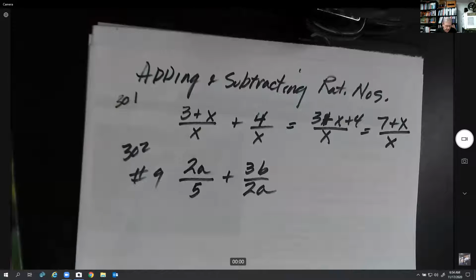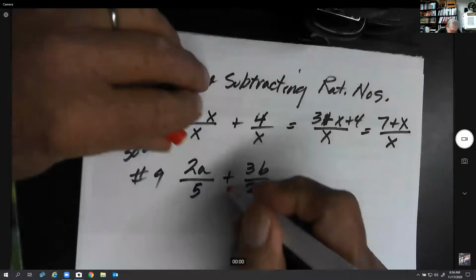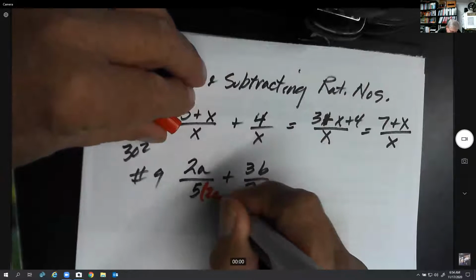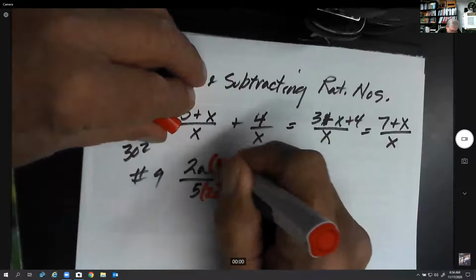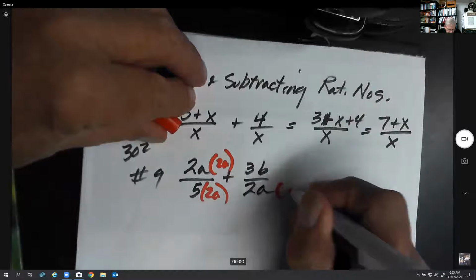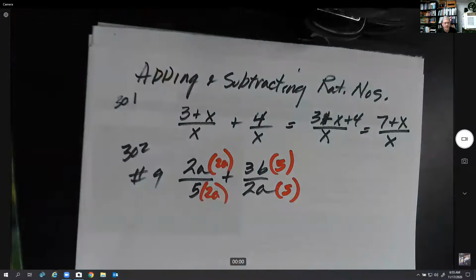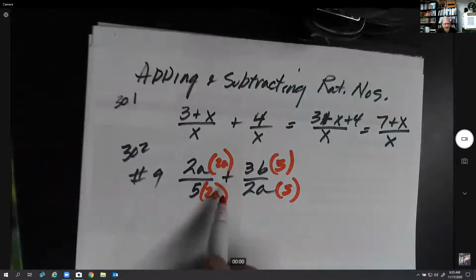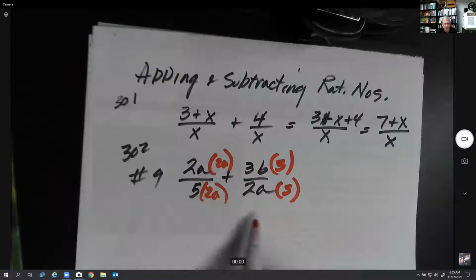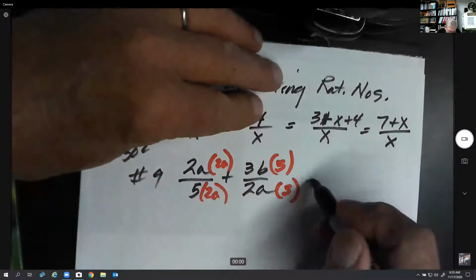So we can multiply the first one by 2a, and the second one by 5. So this is 10a, and whatever that becomes, and this is 10a. I'm just kind of concentrating on the denominator. Now I have my common denominator.